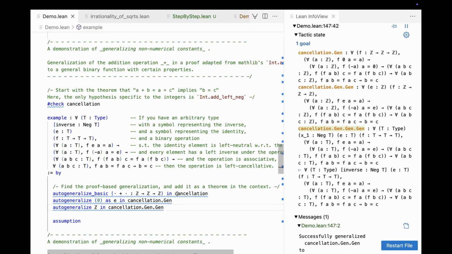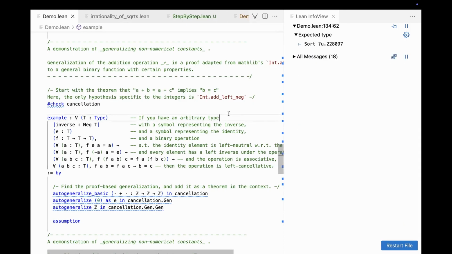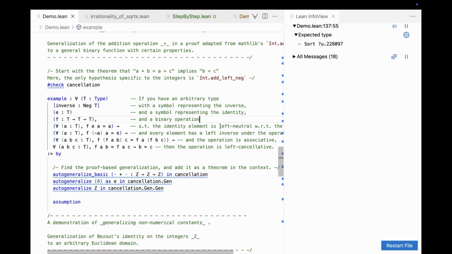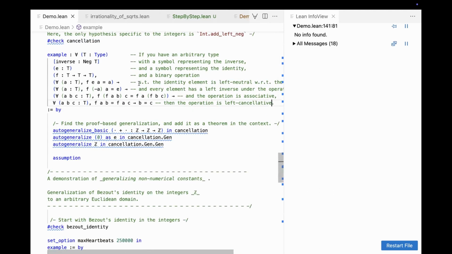What we end up with is a statement that if you have an arbitrary type and a symbol representing the inverse, identity, and a binary operation, with the identity being left neutral and every element having a left inverse under that operation, and ensuring that the operation is associative and left cancellative, then you get cancellation. So this works for generalizing non-numerical constants as well, the same tactic.